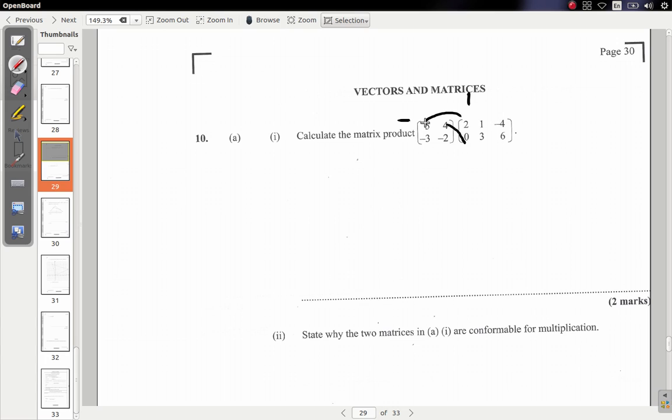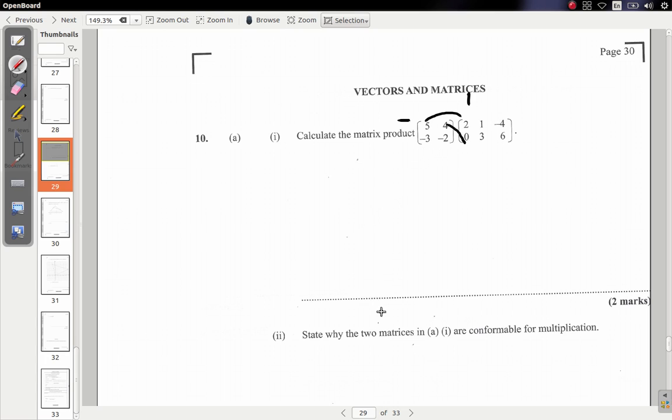First in the row times first in the column plus second in the row times second in the column. That means the number of elements in the row of the first matrix must equal the number of elements in each column of the second matrix.